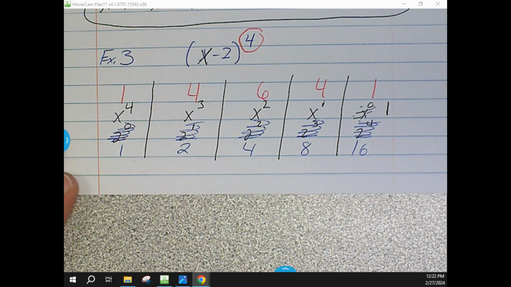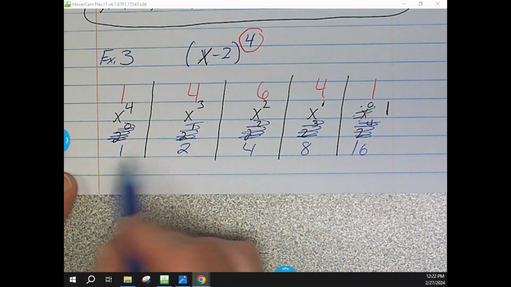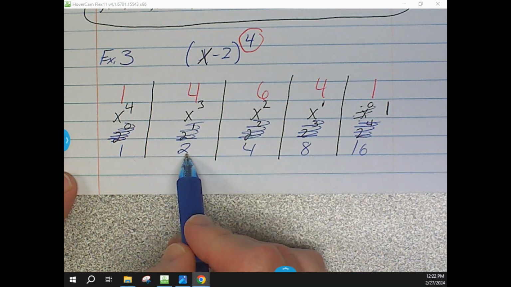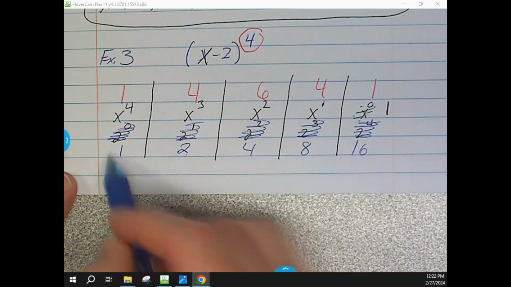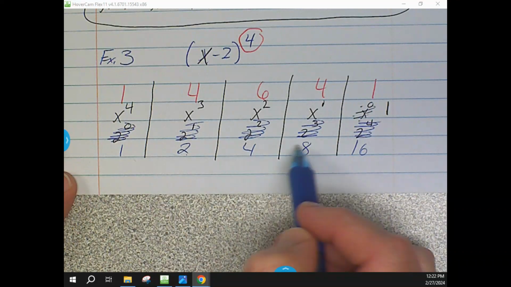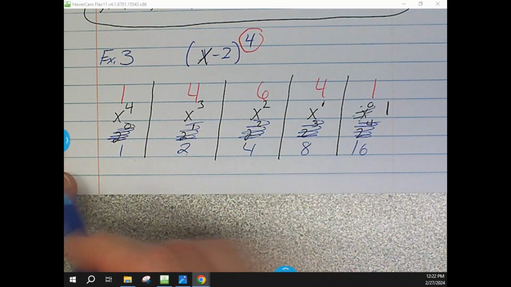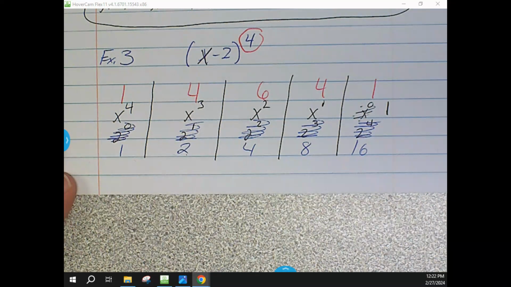Okay, and it always starts off the same way. This starts with 1, and then whatever this number is, that'll be your next number, and you keep multiplying by this number over and over. So it's 1 times 2, 2 times 2, 4 times 2, 8 times 2. Just keep multiplying by 2 as you go through those.